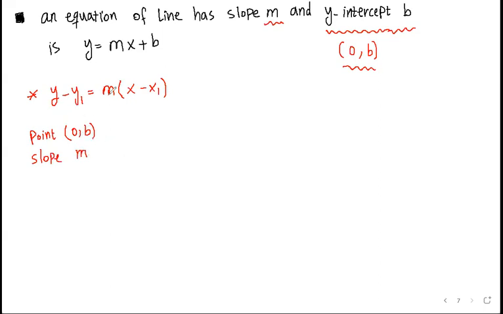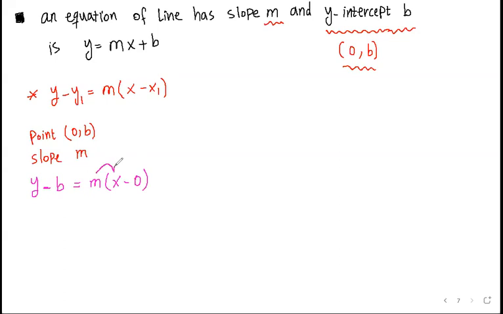So plug these inside the formula, I get y minus b equal m times x minus x1, which is 0.